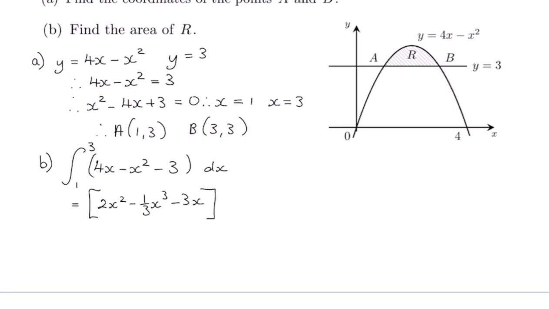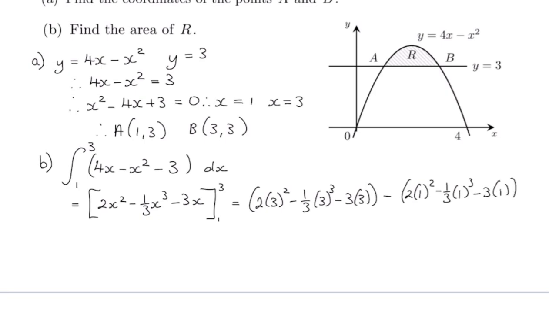Top limit goes in, bottom limit goes in. Always a good idea to show the 1 and 3 on, simply because our examiner is looking for that as part of the marking process. It usually says something along the lines of, if you put 1 in, you get 2 lots of 1 squared minus a third of 1 cubed minus 3 lots of 1.